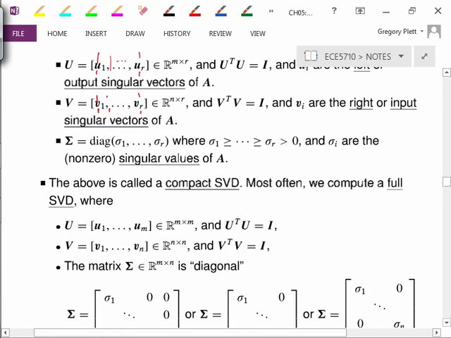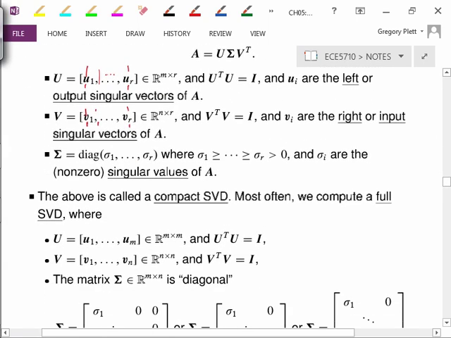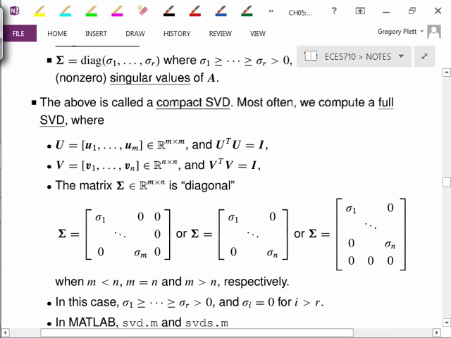Another way of writing an SVD is a full SVD. A little bit different. If we have again our A as an m by n matrix, this computes a U which is not r wide, but it's m wide, where m is bigger than or equal to r.